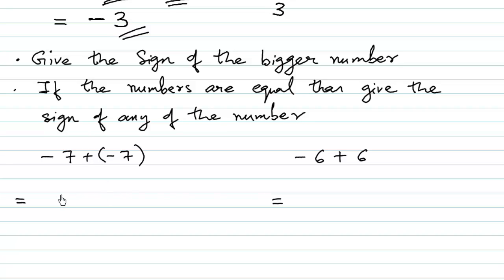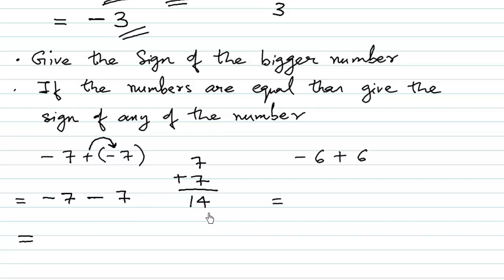For instance, in order to solve this, first of all, we are going to take plus and minus. So plus and minus is minus, and we're going to write down the other numbers as they are. And then what is minus and minus? So minus and minus is plus. So 7 plus 7 gives us 14.